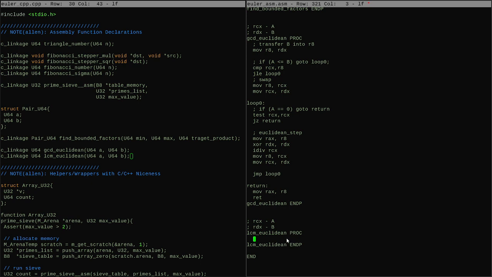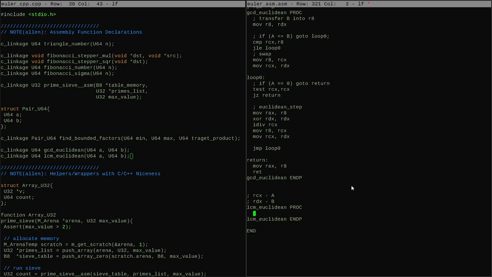unless you don't need to preserve anything. I guess if I multiply them first, I only need to preserve one thing. So what I'm going to do is push RSI, later we'll pop RSI and return.